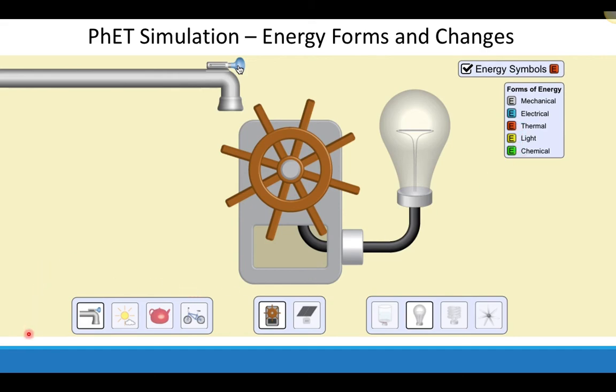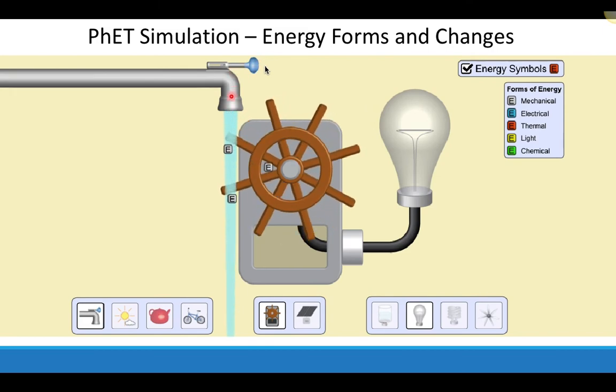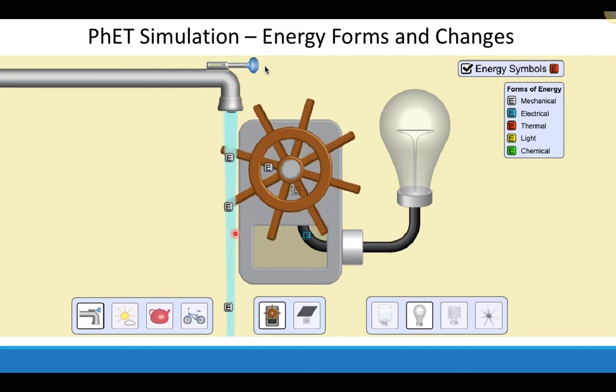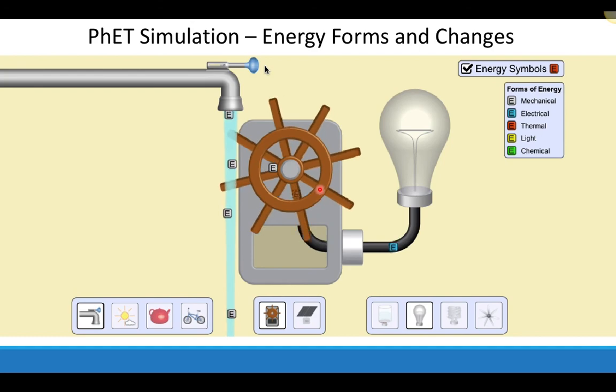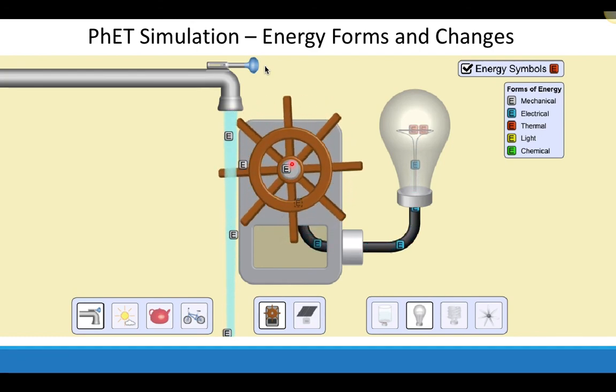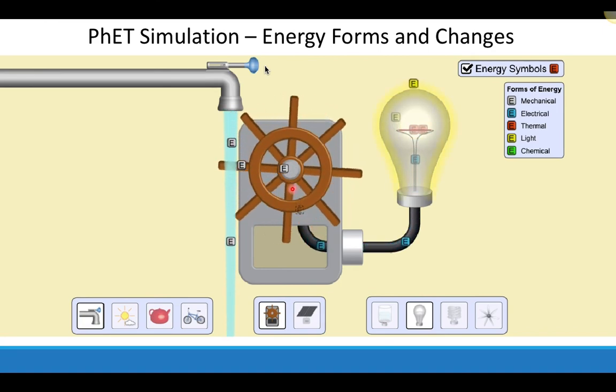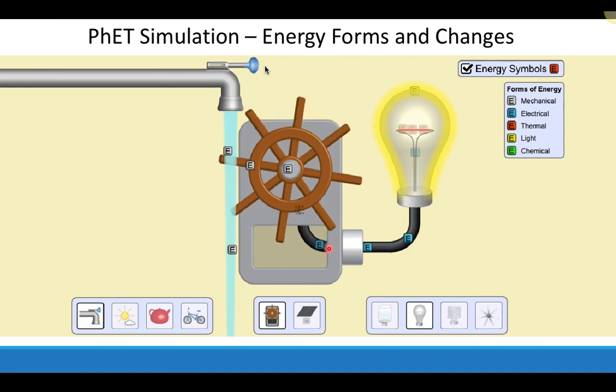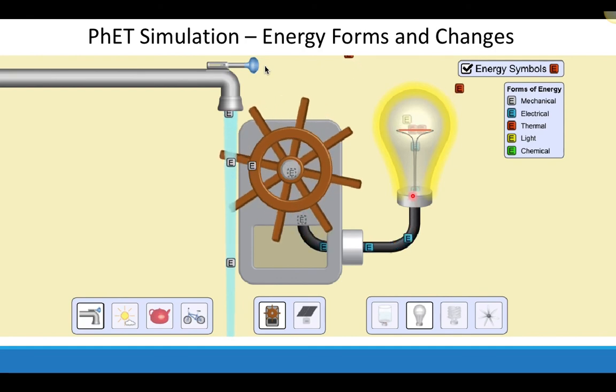I'm going to hit play. I'm going to open up the water, and mechanical energy goes in from the water. That mechanical energy is causing the rotation of this wheel, and the wheel is connected to another component, which you can't see behind here, which is converting that mechanical energy into electrical energy.